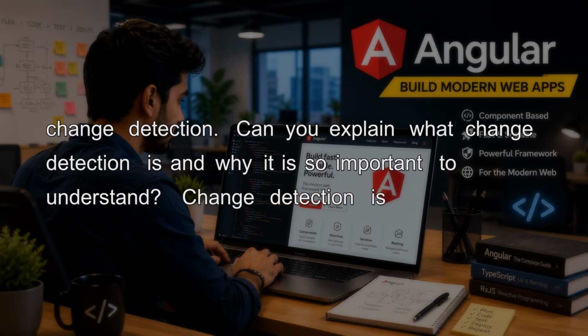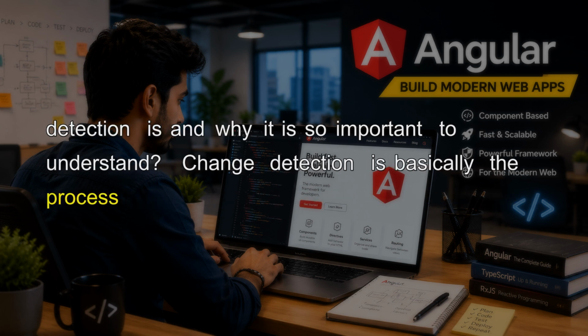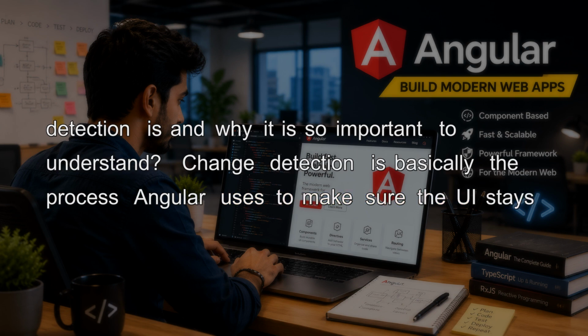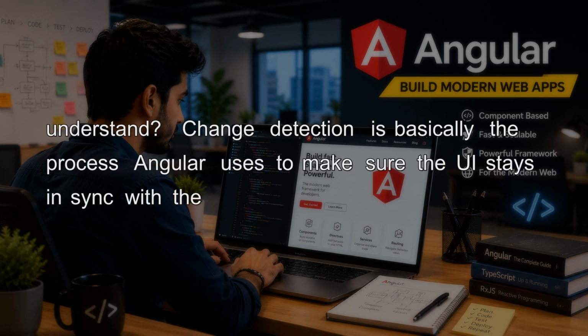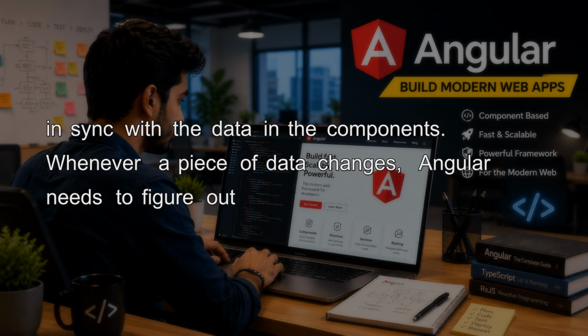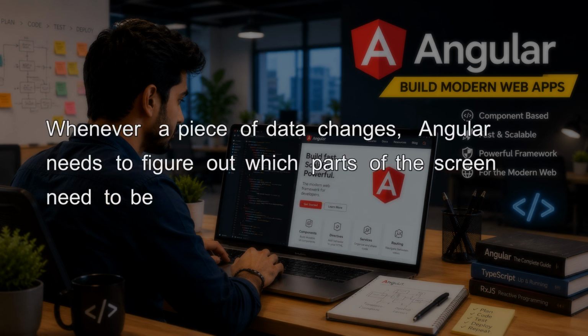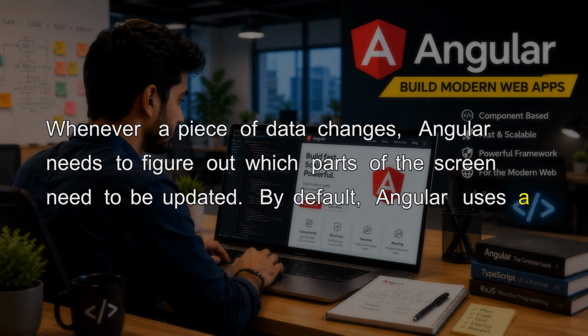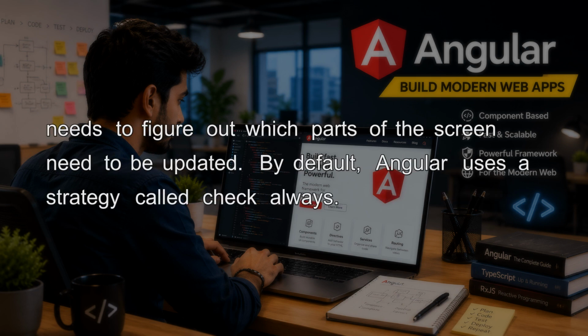Change detection is basically the process Angular uses to make sure the UI stays in sync with the data in the components. Whenever a piece of data changes, Angular needs to figure out which parts of the screen need to be updated. By default, Angular uses a strategy called CheckAlways.